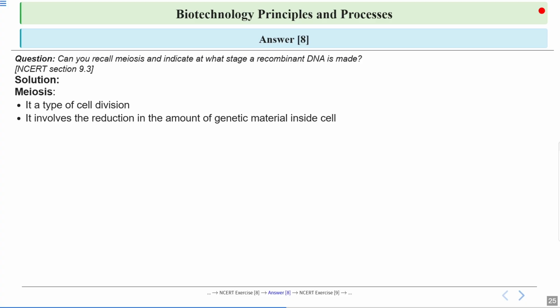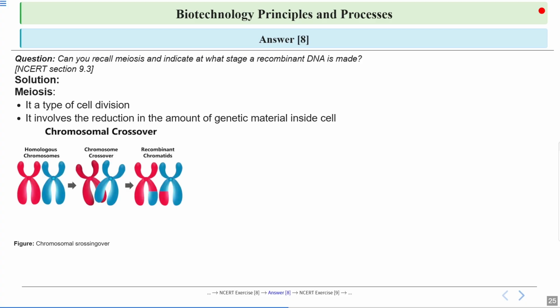And you all know that the chromosomes are present in a paired form in the diploid cell. But when it becomes haploid, the chromosomes that are present in the paired form become single. And in that way, the genetic material inside the cell becomes half. And that is why it is called reduction division. Meiosis is also known as reduction division.